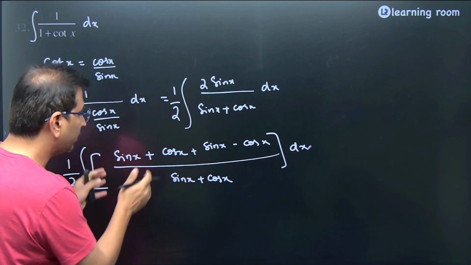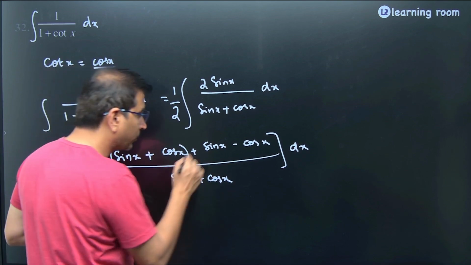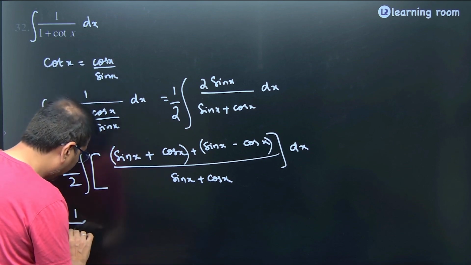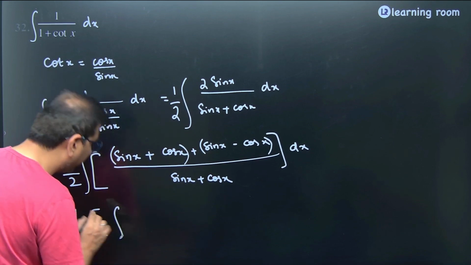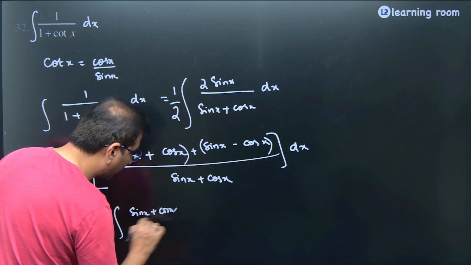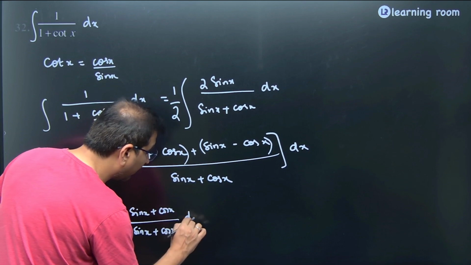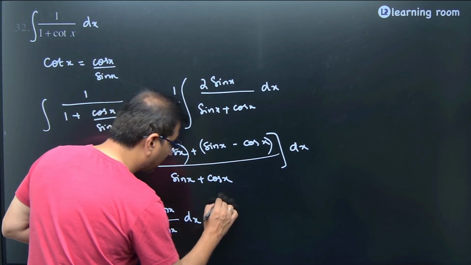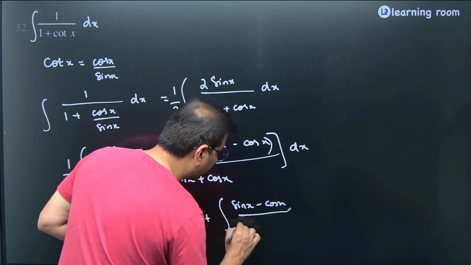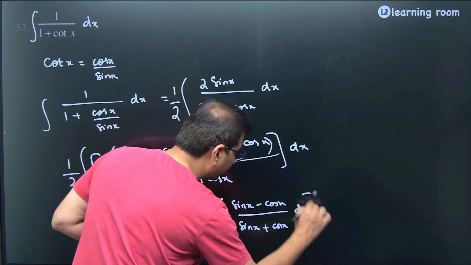Now what is going to happen is, write this sin x plus cos x as one term, and this sin x minus cos x as another term. Having done that, we get half of integral of sin x plus cos x, the whole divided by sin x plus cos x times dx, plus integral of sin x minus cos x divided by sin x plus cos x times dx.